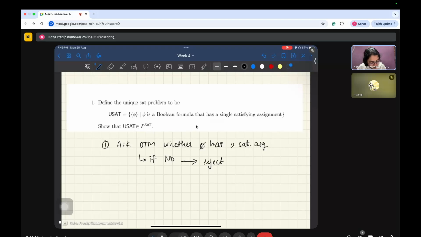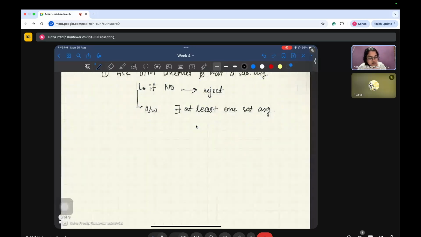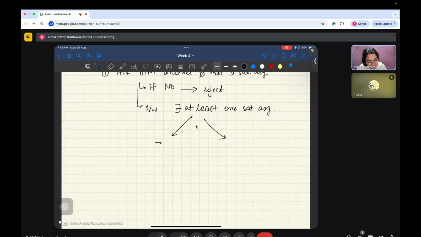In the other case, we know that there exists at least one satisfying assignment. Now we want to differentiate between the cases when this is exactly 1 or greater than 1. The idea that you're saying is along the correct line.